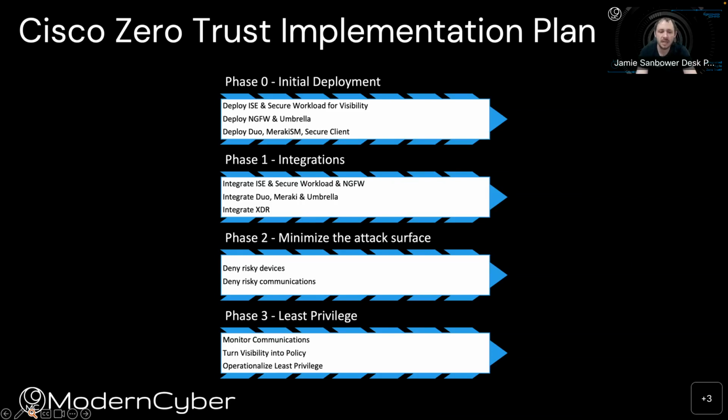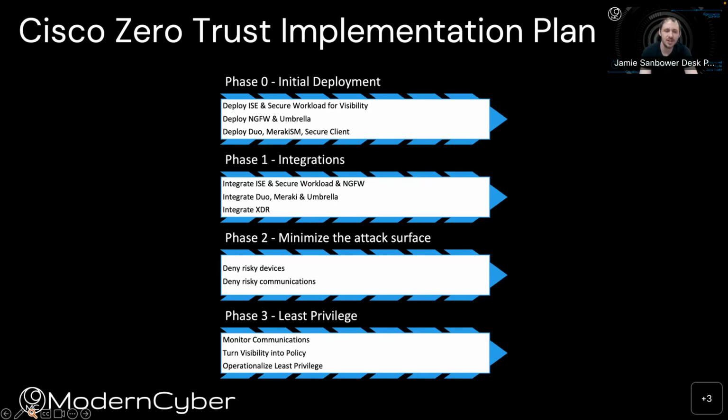So immediately start to define some basic levels of restrictions associated with risky devices. What types of devices should never be allowed on your network, communicating with your applications, working with your data?